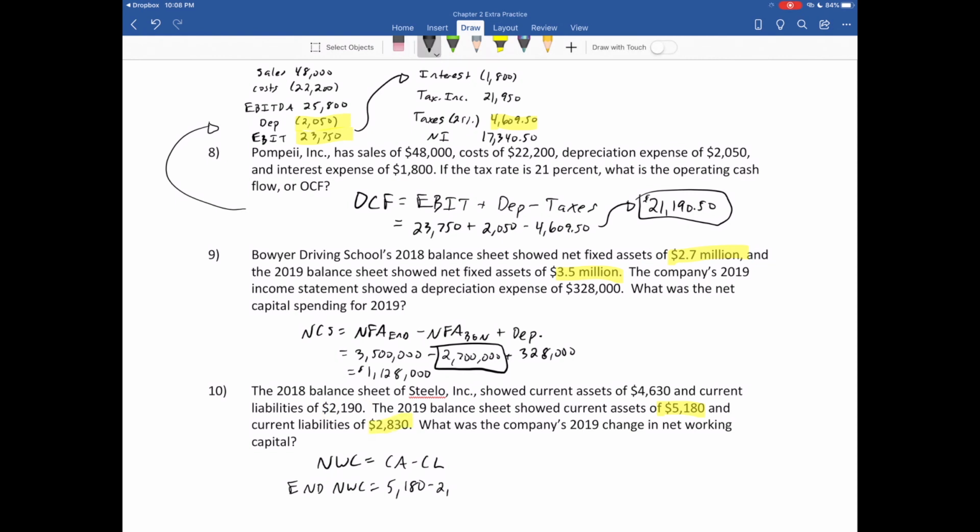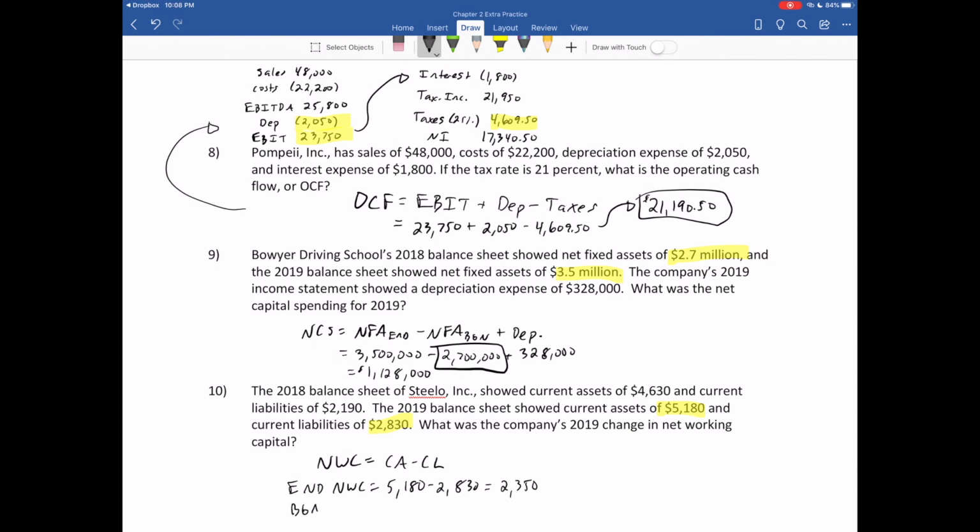So I just got my numbers fixed up. So 2019 values are 5,180 for current assets, 2,830 for current liabilities. So I subtract that 2,830, and I get an ending net working capital value that is equal to 2,350.